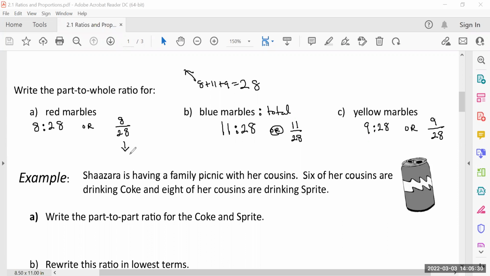So what do I divide both numbers by? What's a common factor? Sure. 8 divided by 4 is 2, 28 divided by 4 is 7. So 8 to 28 is just as good as 2 to 7. They are both the same ratio, same proportion.